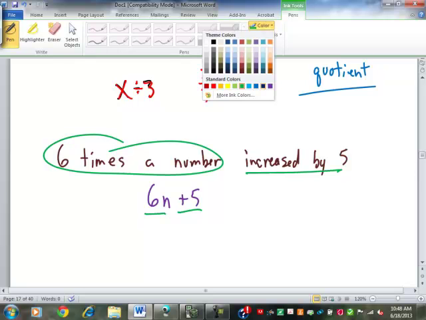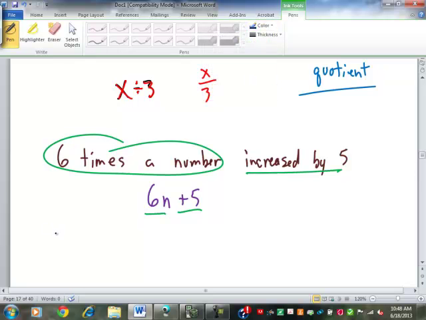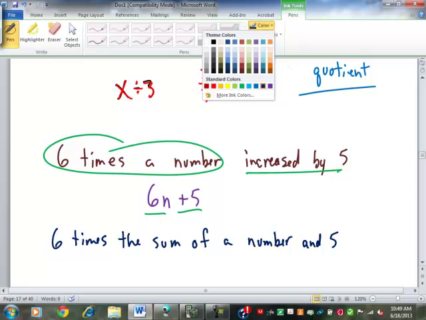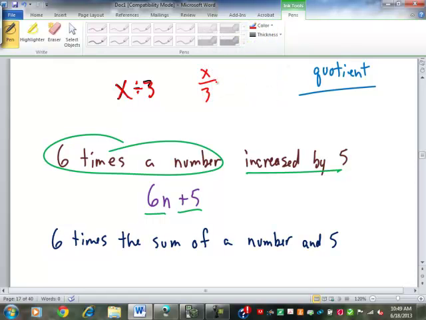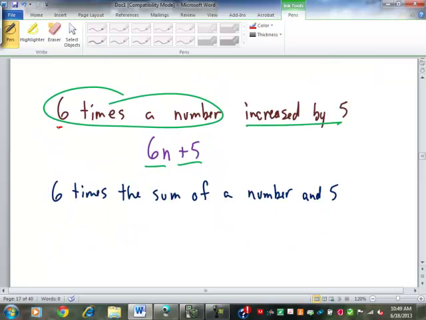This is very different from the phrase six times the sum of a number and 5. Now, when we first look at that, it looks the same. Sum means addition, and it's times 6. But the difference is here, it was 6 times the number. So it was 6 times n.